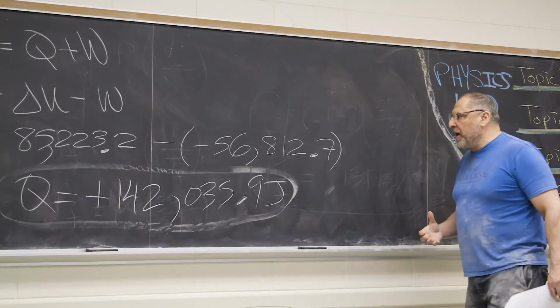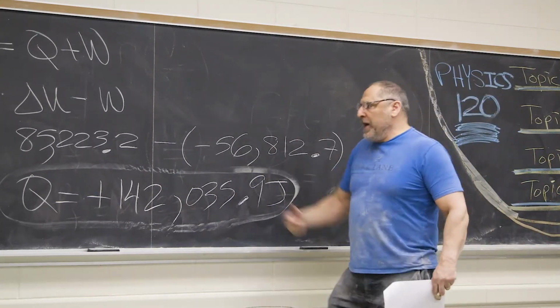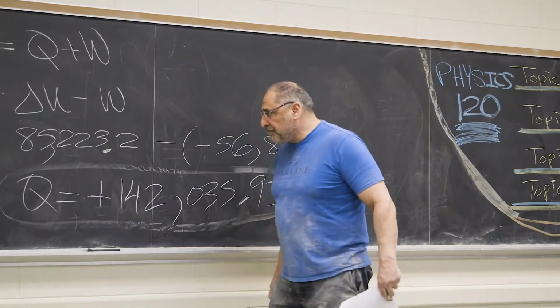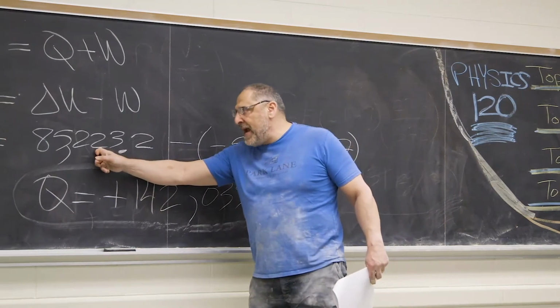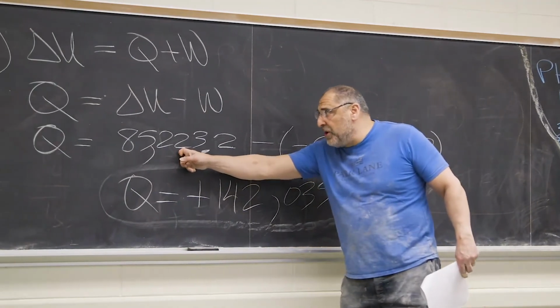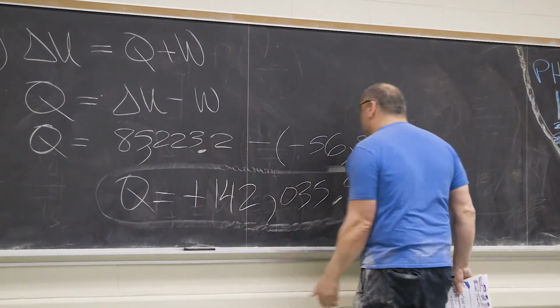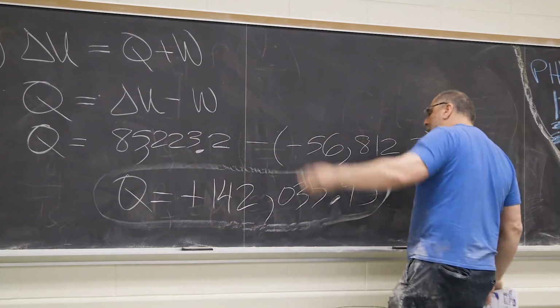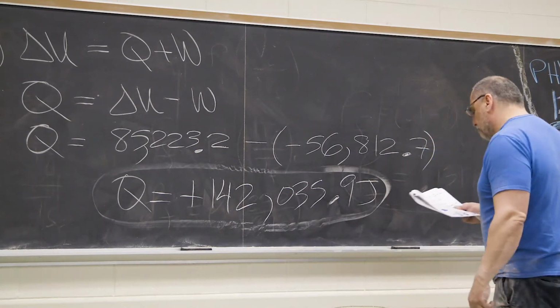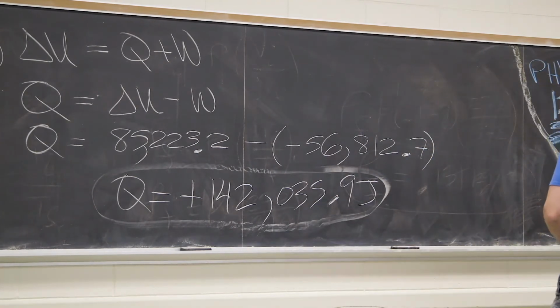That's how much heat was put in to help it do that work, in addition to helping it gain delta U, the change in internal energy. There was a positive change in internal energy, and it also did work on the environment. Account for it. There it is. Very important. H.